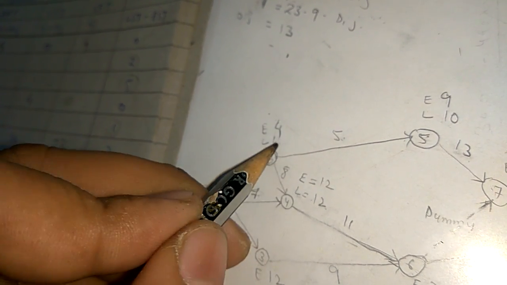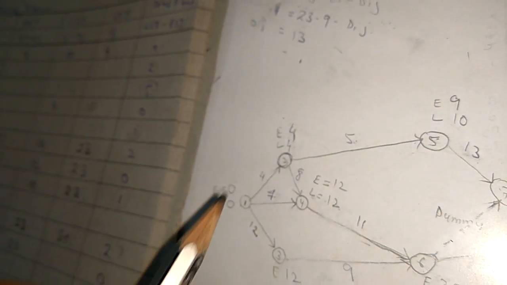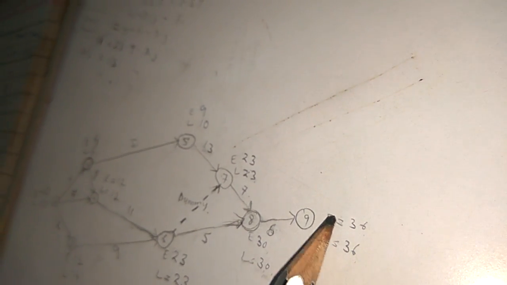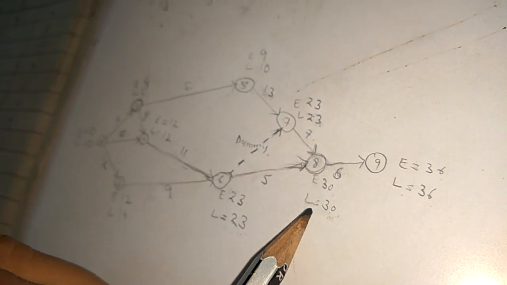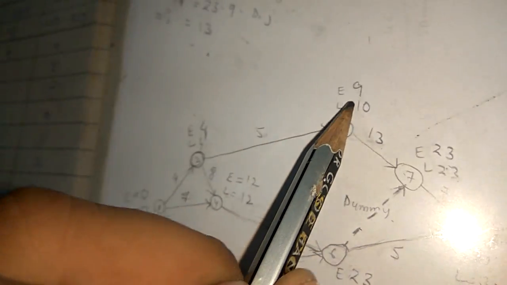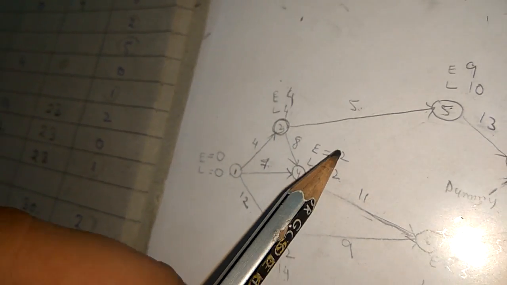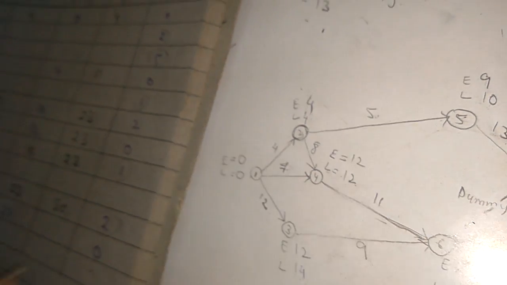Whichever is less, 4. So this is 4. So far we have found Ei, Li values: 23, 23, 23, 23, 9, 10, 4, 4, 12, 12, 12, 12.